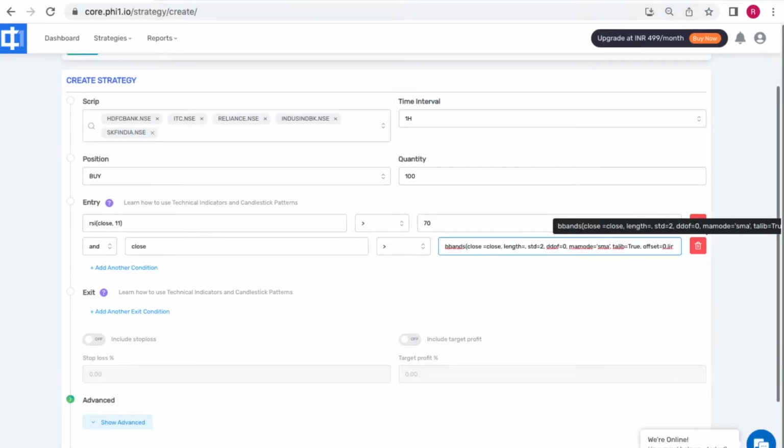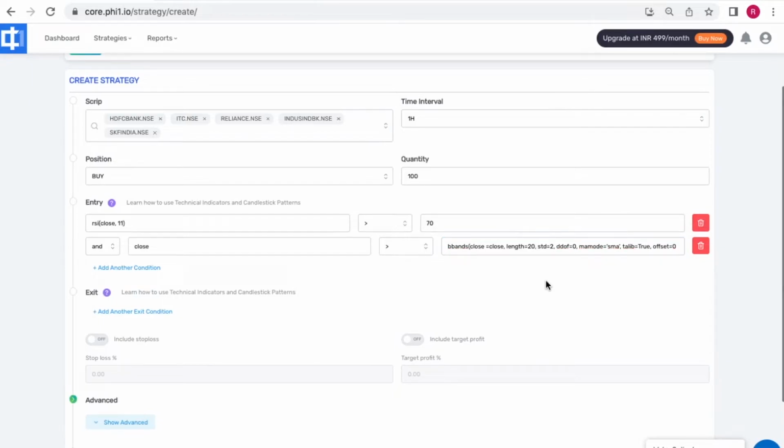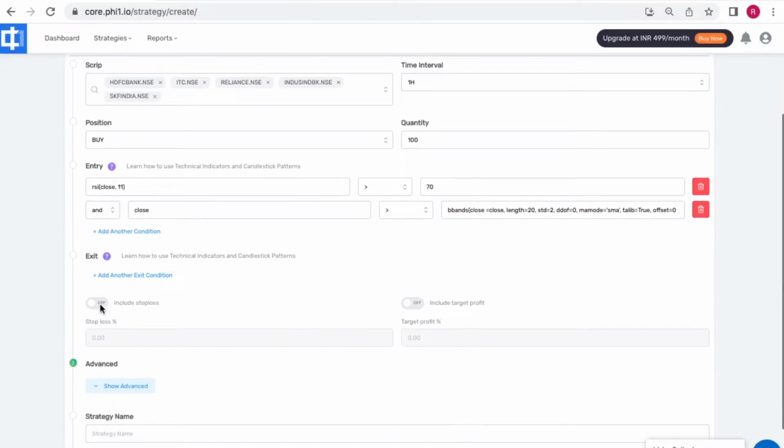So I'm selecting a length of 20 for my SMA, and for my exit condition I am simply using a stop loss and target profit.